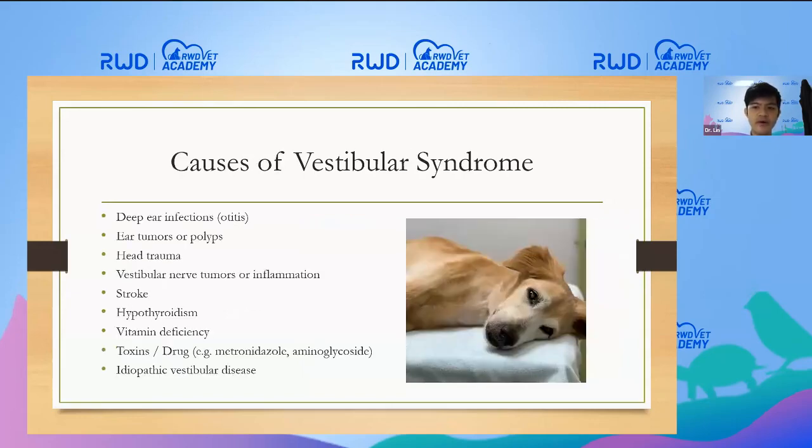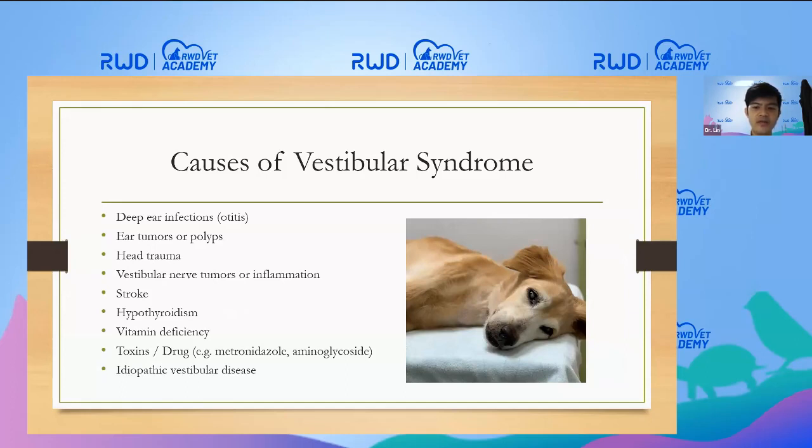Vestibular syndrome in dogs and cats can be caused by a disease affecting any part of the system, including sensors within the ear, the nerve connecting the ear and the brain, or the control center in the brain. Conditions affecting the ear include deep ear infections, ear tumors, or polyps.